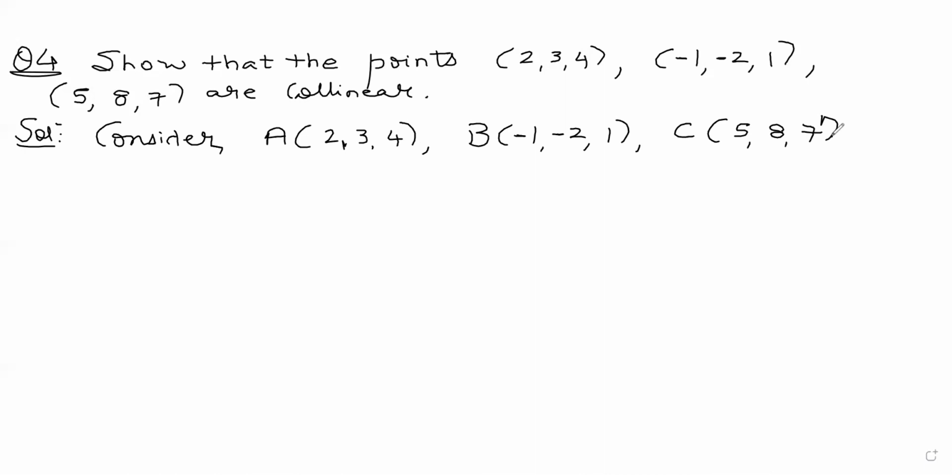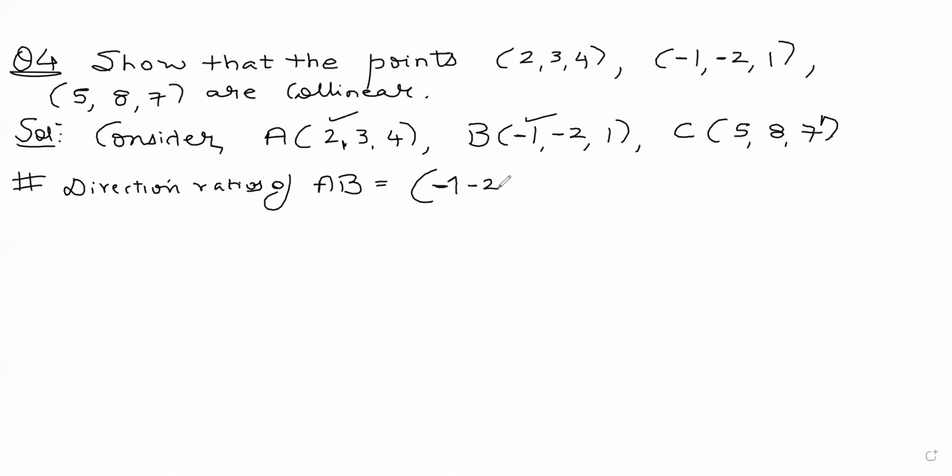We can quickly calculate the direction ratios. So all students can recall, if I calculate the direction ratios of AB, they are nothing but minus 1 minus 2, minus 2 minus 3, 1 minus 4, which are nothing but minus 3, minus 5, minus 3.